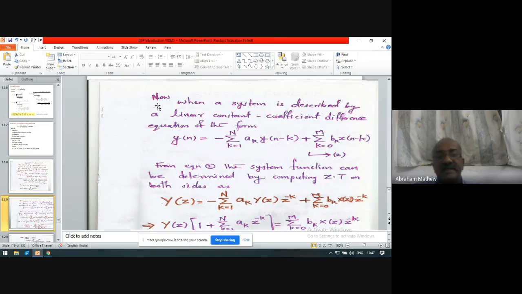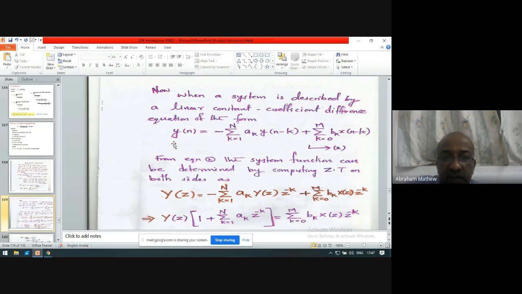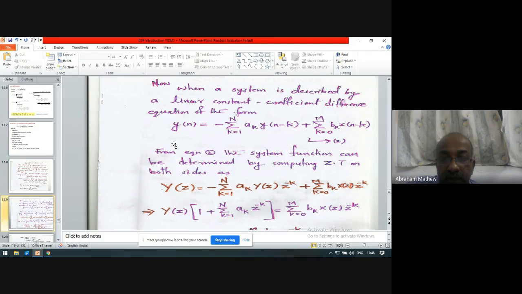When a system is described by a linear constant coefficient difference equation, which is represented as y of n is equal to minus sigma k equals 1 to N a_k y of n minus k plus sigma k equals 0 to M b_k x of n minus k, from this, the system function can be determined by computing the Z transform on both sides.